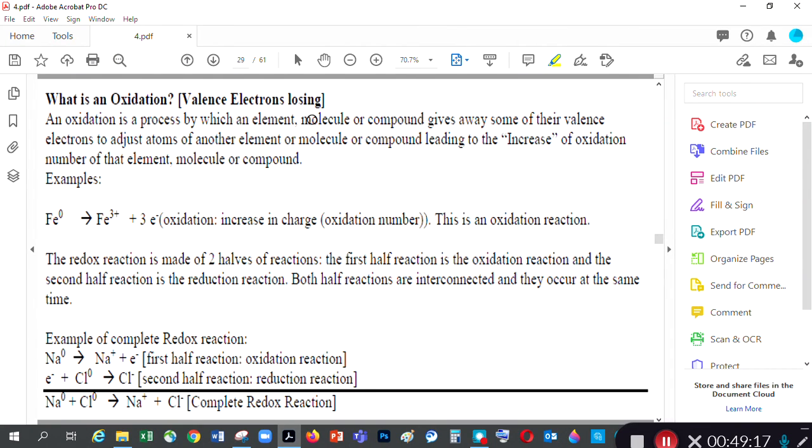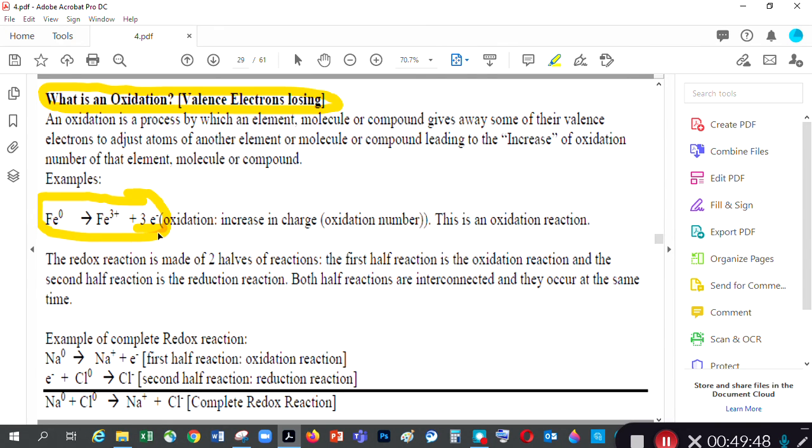So here we talked about oxidation. Oxidation is losing valence electrons of an atom, becoming an ion. By losing those valence electrons, the oxidation number will increase, correct? Here is an example. Iron starts at 0 by itself, and loses 3 valence electrons.